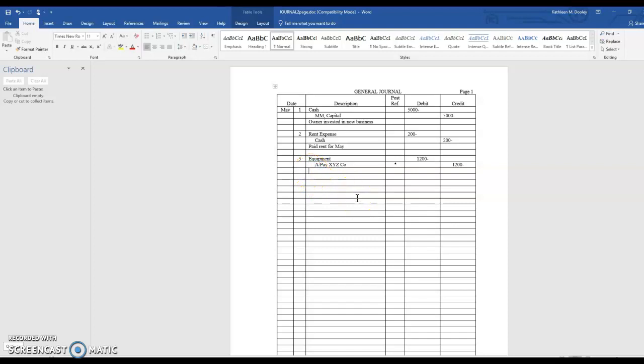Okay, I'm going to go down and put our explanation. Bought equipment on account. Normally, you would have an invoice number, and you would have put that invoice number down on the explanation.